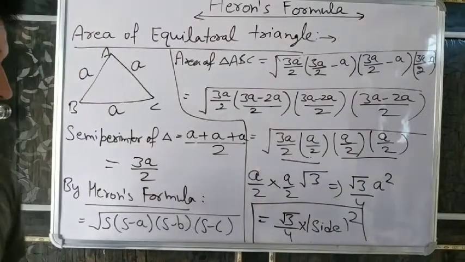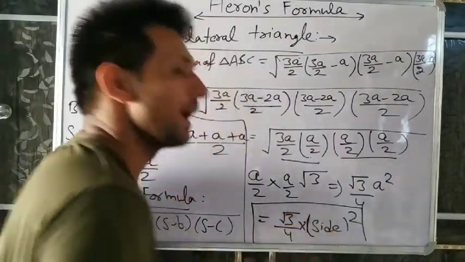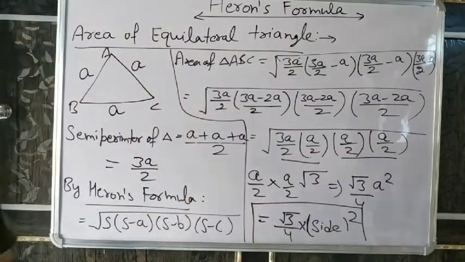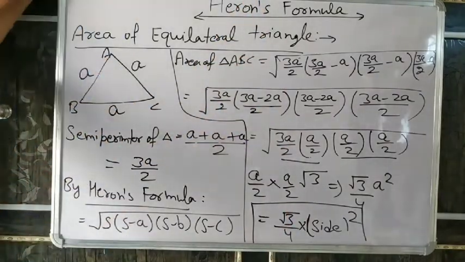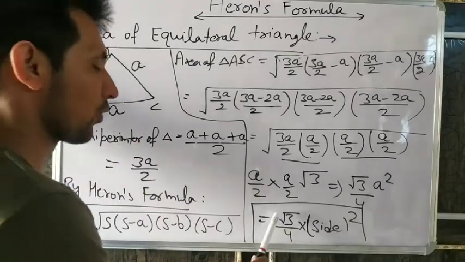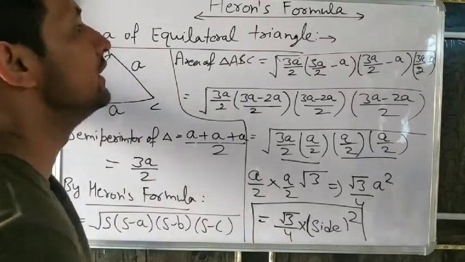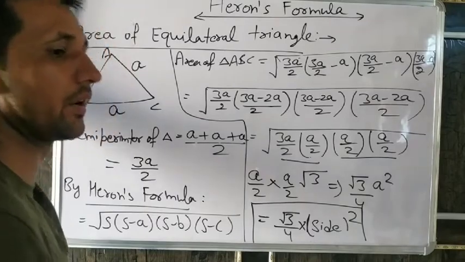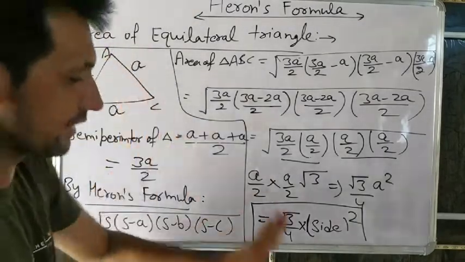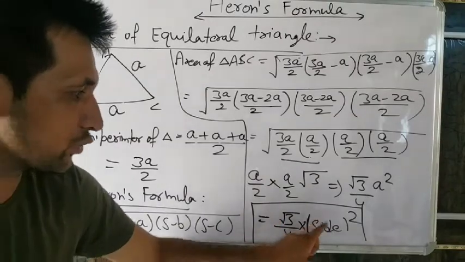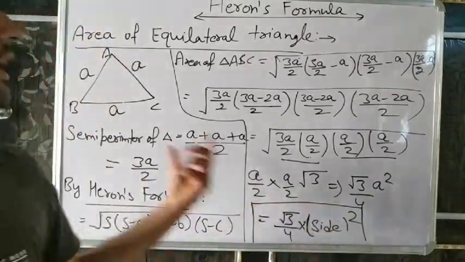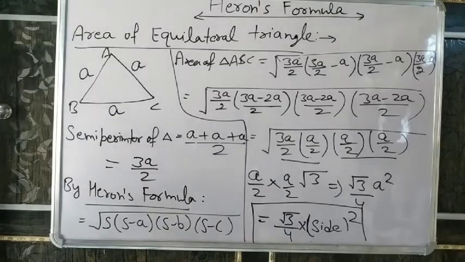If you want to solve any question in very little time and the triangle given is equilateral, you can use this formula: root 3 by 4 into side square. So we discussed a general case, and in the end we found that root 3 by 4 into side square is always the area of an equilateral triangle.